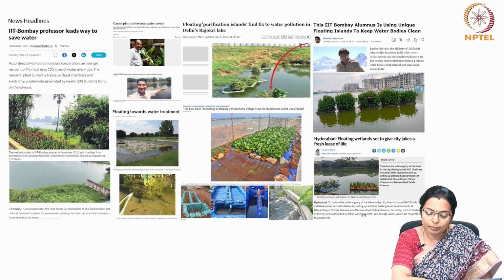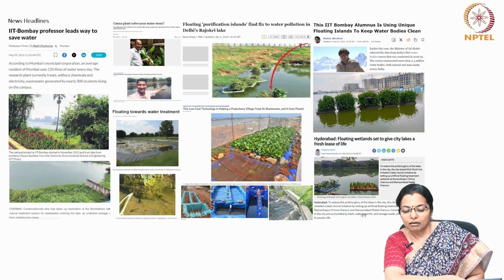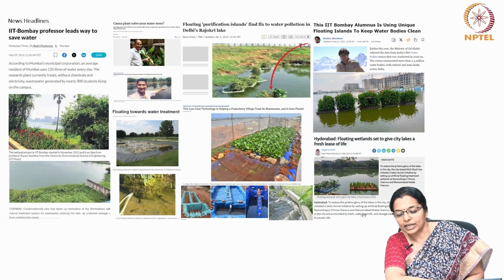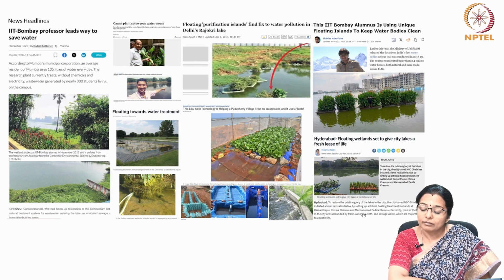The floating treatment wetland has been experimented at University of Oklahoma. It is also used in Puducherry village. A number of root zone treatment plants are seen in the Auroville community. Hyderabad also has floating wetlands set to give the city lakes a new lease of life.